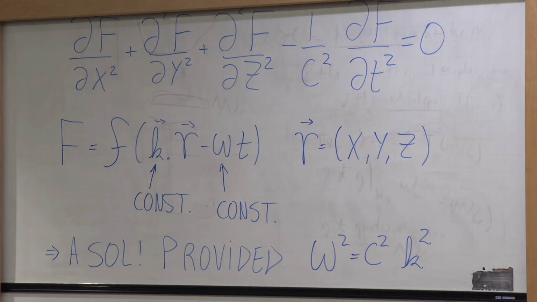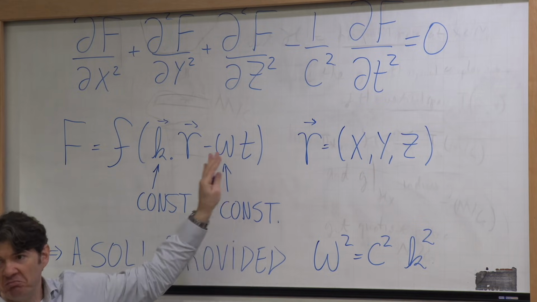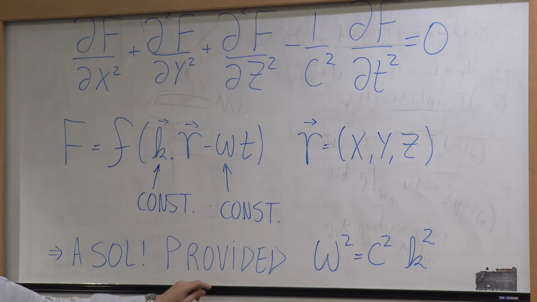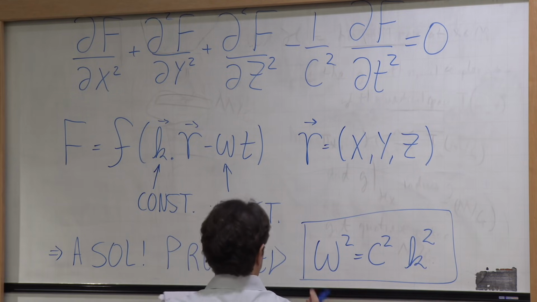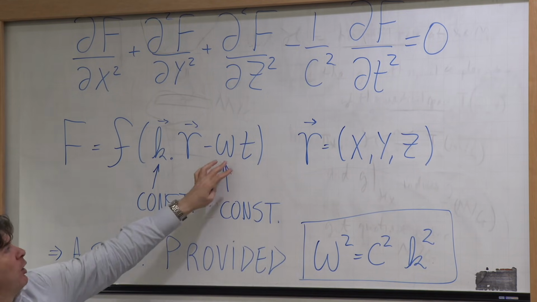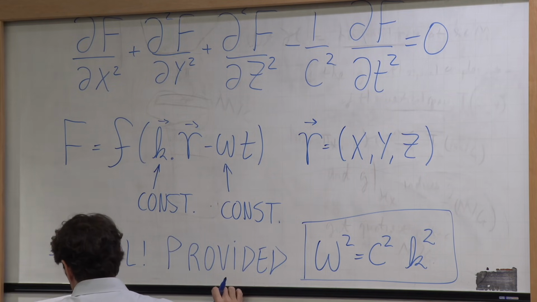Okay? So whatever function of k dot r minus omega t you put into the wave equation, it works, provided this relation between omega and k holds.